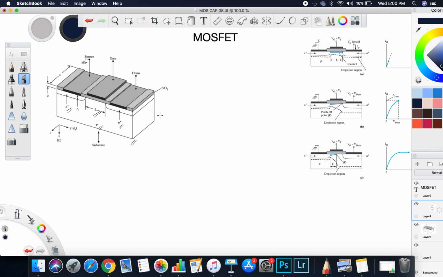Now, what are the basic characteristics of MOSFET? The source contact is used as the voltage reference throughout the section. So when no voltage is applied to the gate, the source to drain electrode corresponds to two PN junctions connected back to back.